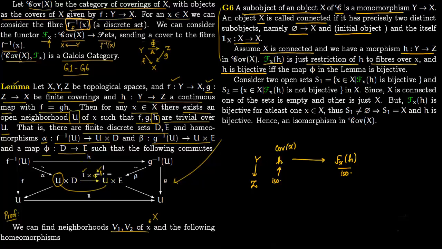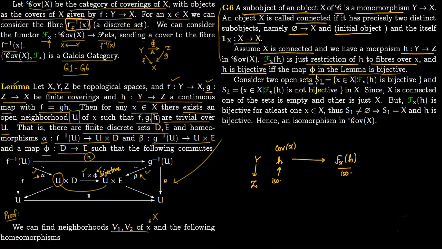This obviously follows again from this diagram, precisely because this is a homeomorphism. So this is a bijection, this is a homeomorphism, this is a bijection, and this map phi we built going alpha inverse, h and beta. So bijection here will depend upon bijection here because these two are bijections anyway. So h is bijective if and only if the map phi in the lemma is bijective.